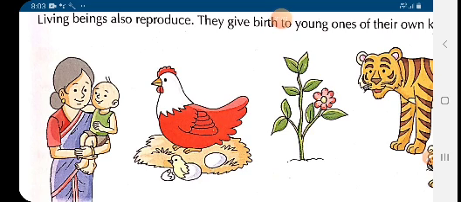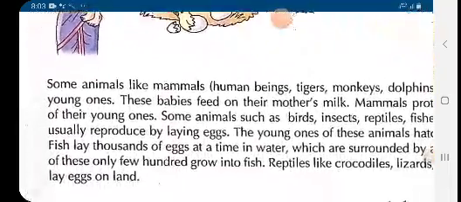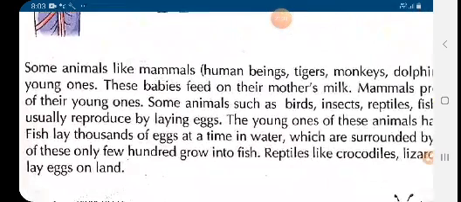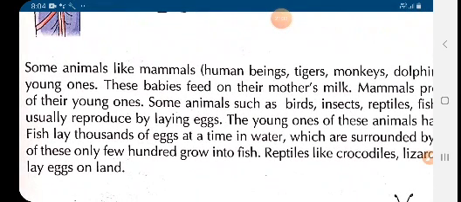Now children, some animals like mammals, as I discussed yesterday also, that is human beings, tiger, monkey, dolphin, etc., give birth to young ones. These babies feed on their mother's milk. Mammals protect and take care of their young ones.